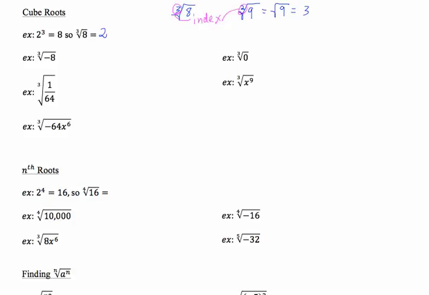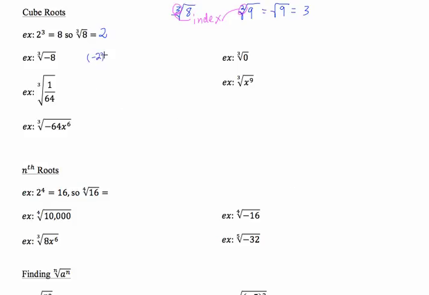Okay, the cubed root of negative 8. Ask yourself first, before you say there is no answer, is there a number whose cube is negative 8? So that when you multiply it by itself 3 times, you get negative 8. Well, we know that 2 cubed is 8, so let's try negative 2.